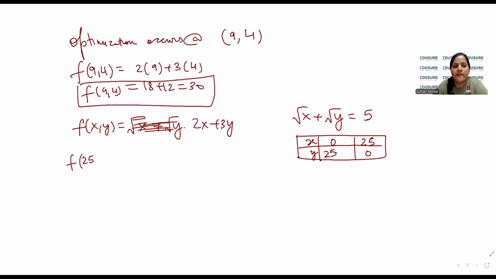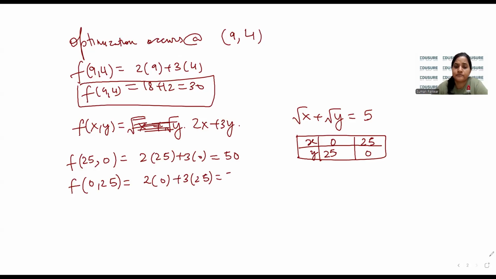So f of (25, 0) is 2 times 25 plus 3 times 0, which is 50. And if we calculate the value at (0, 25), it should be 2 times 0 plus 3 times 25, which will be equal to 75.